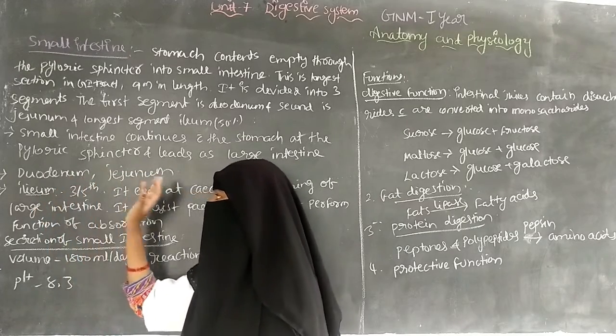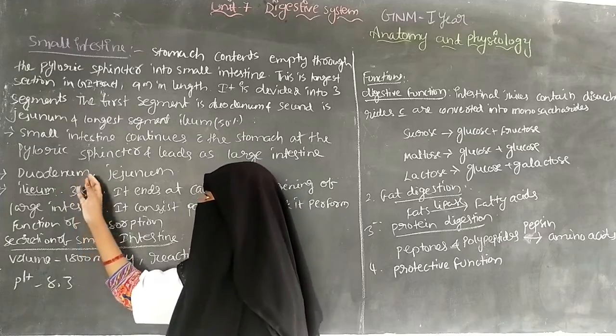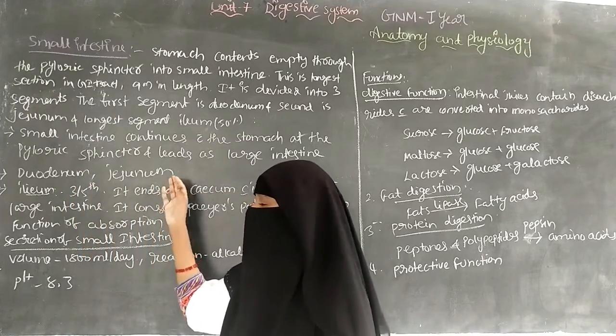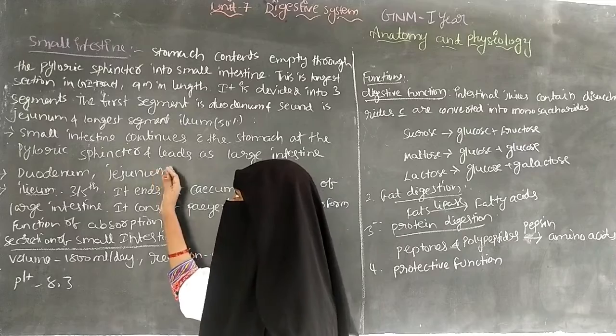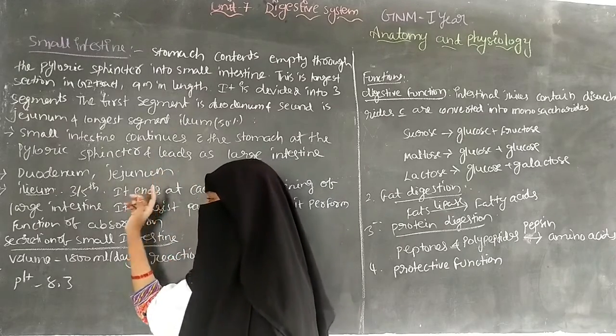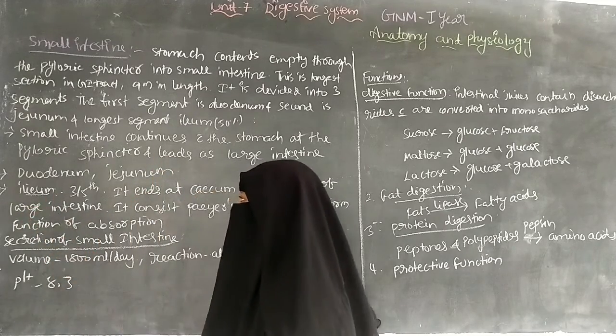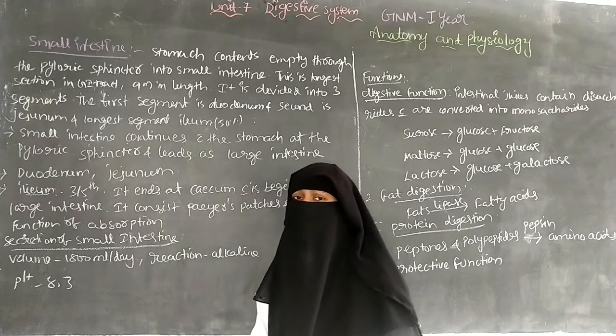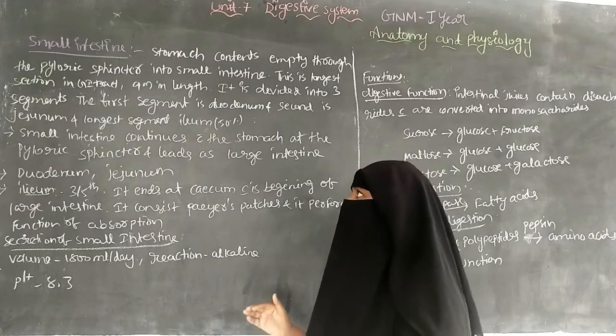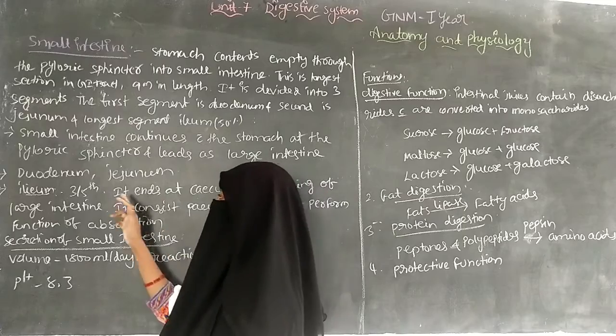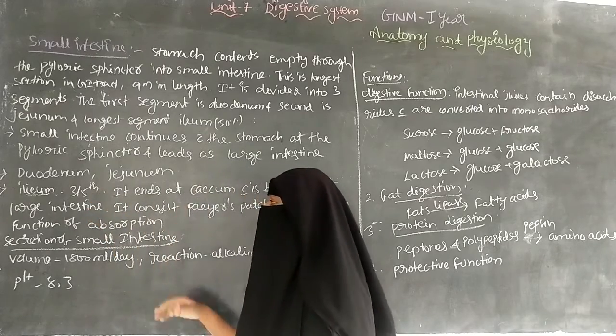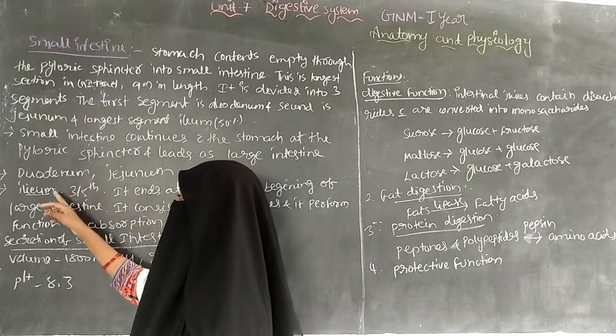The duodenum is the shortest and wider, the jejunum forms 2/5 of the small intestine, and the next one is the ileum. The ileum is the longest part of the small intestine, forming 3/5 of it.